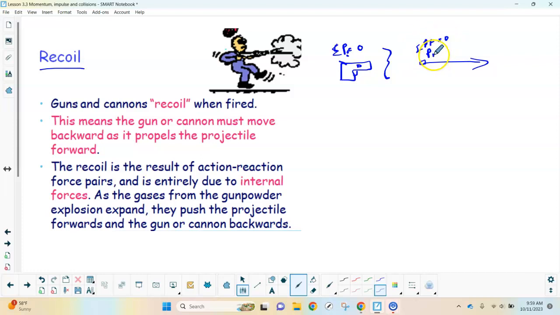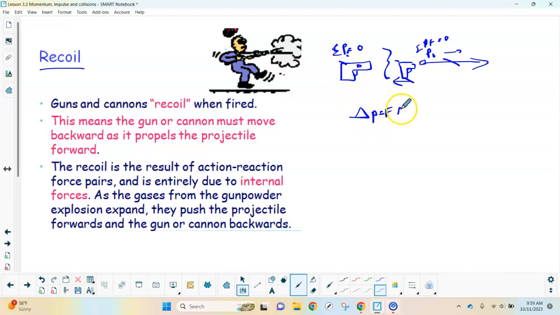So if the bullet gains momentum going to the right, the gun has to gain momentum going the opposite way. These two momentums would have to cancel out, so they should be the same length. The velocities might be very different because their masses are different, but the internal forces are acting on both things for the same amount of time, so the change in momentum for each piece would be the same.